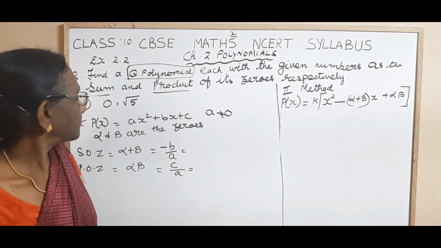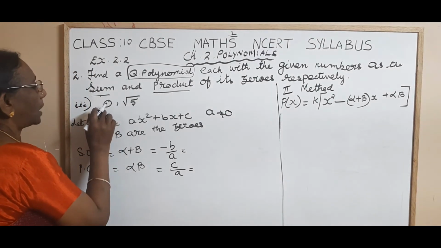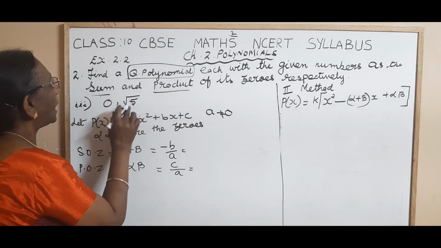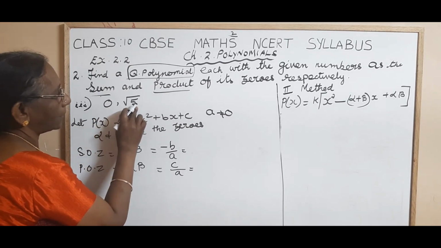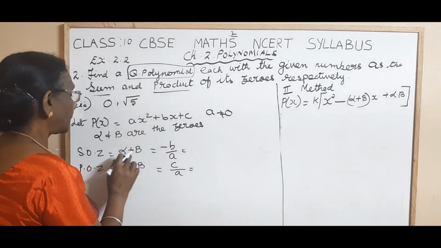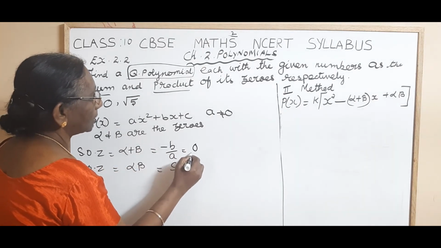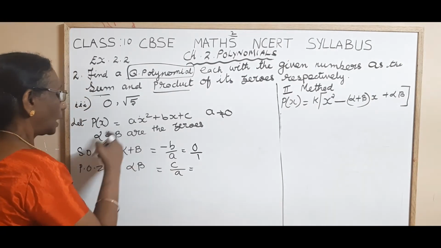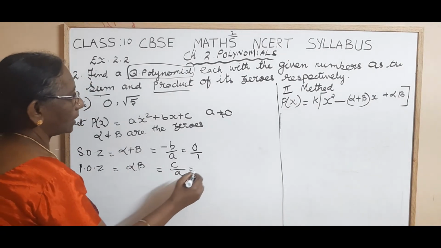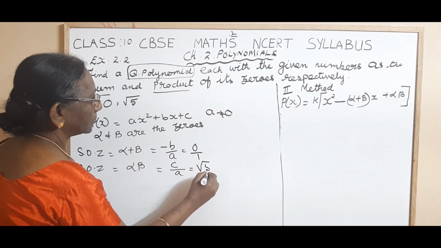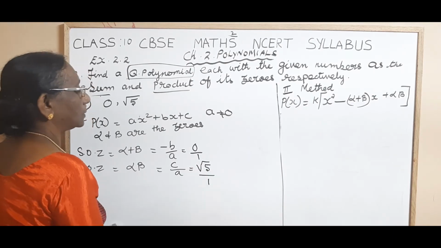Sum number 3. Alpha plus beta is 0 and alpha beta is root 5. So the sum of the zeros, alpha plus beta, minus b by a, is equal to 0, that means 0 by 1. And alpha beta is c by a, which is root 5, that is root 5 by 1.